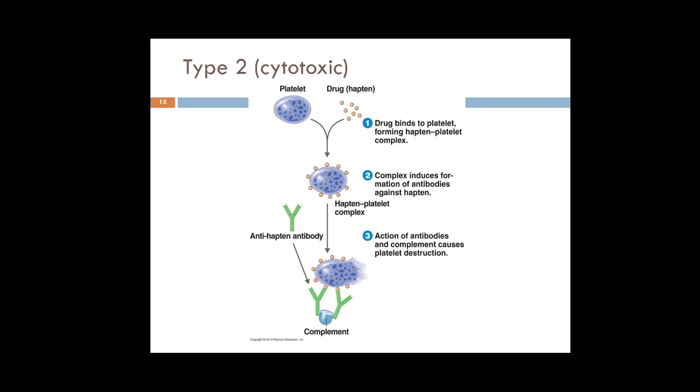The Y-shaped structure, again green color you can see, is an antibody. So this hapten platelet and antibody complex formation will lead to liberation of the substances which are present in the platelets, platelet destruction. So that's why it is called as cytotoxic. Cyto means cell, it is related to cell, so it is toxic to cell.